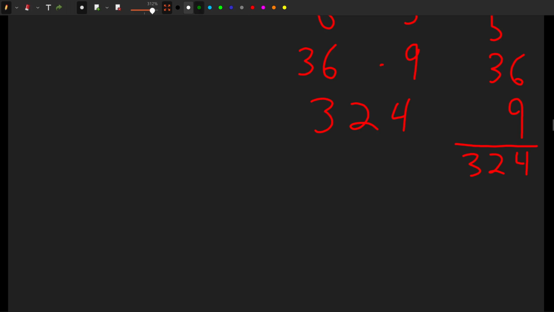So I'm going to get 27 minus 324. This is going to be a negative number on the inside. And let's see, that'll be negative 297, I believe, if you work that out by hand.